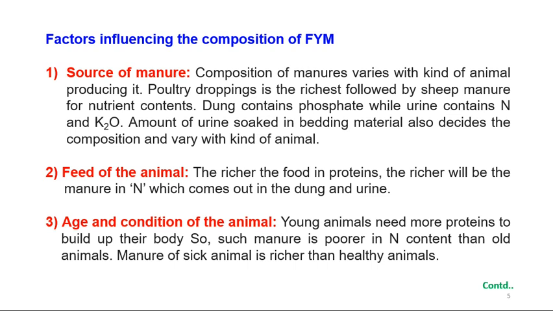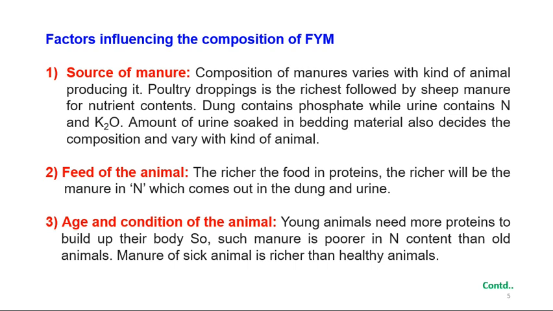Poultry droppings are the richest, followed by sheep manure, for nutrient contents. Dung contains phosphate, while urine contains nitrogen and K2O. The amount of urine soaked in bedding material also decides the composition and varies with the kind of animal.